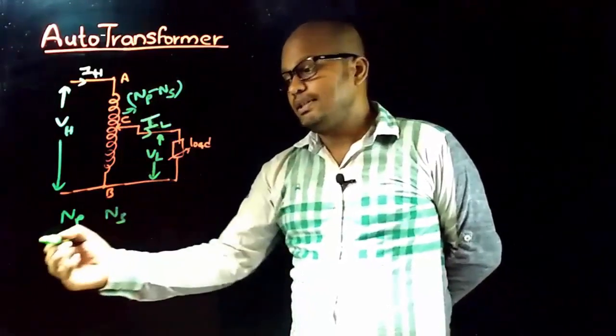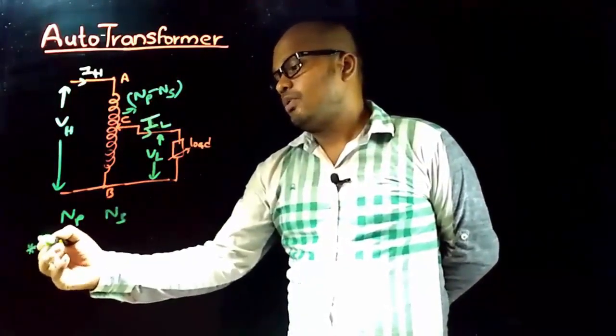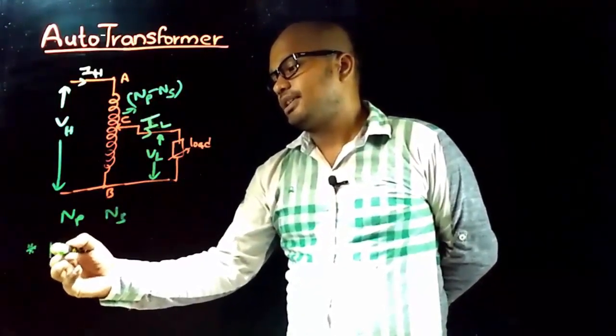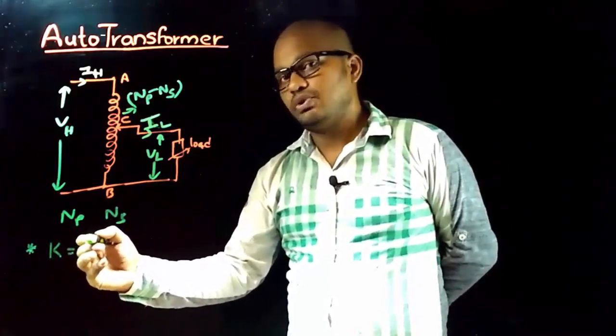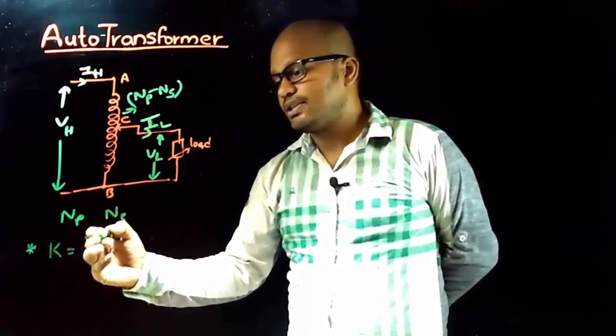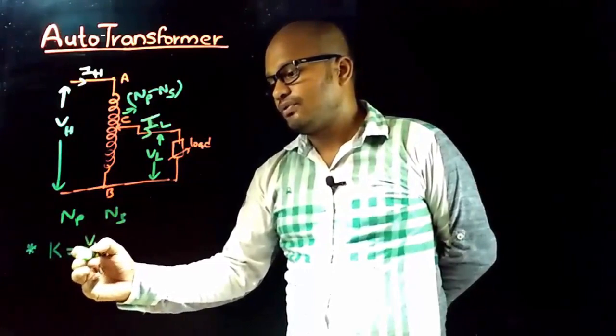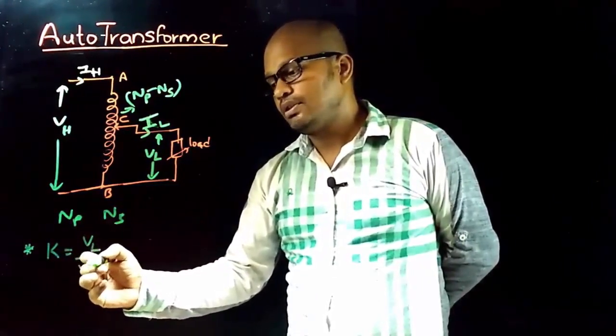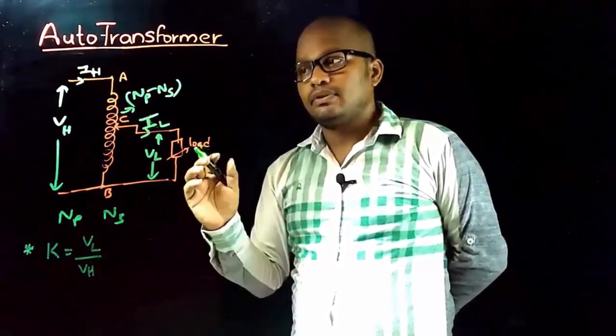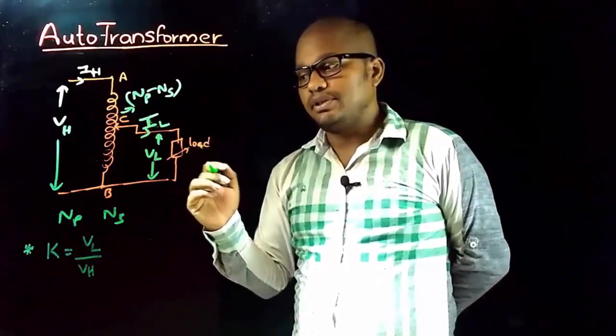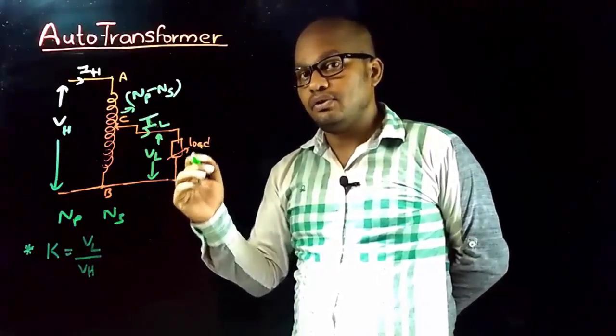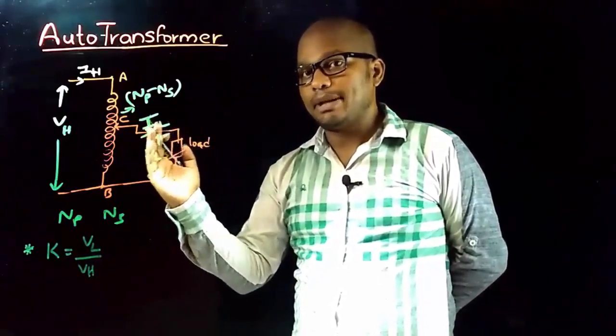And now this is the important point that you must keep in mind, that transformation ratio K is taken as the ratio of low voltage to the high voltage. Whereas in case of single phase transformer, K is taken as the ratio of secondary voltage by primary voltage.